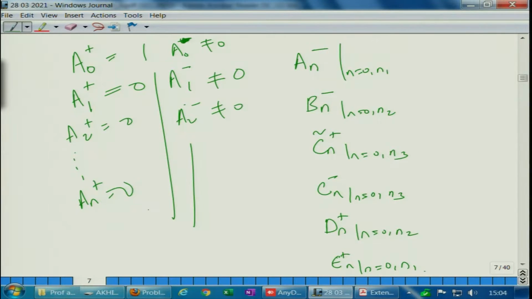E n minus is 0, of course, like I was mentioning, the anechoic condition.